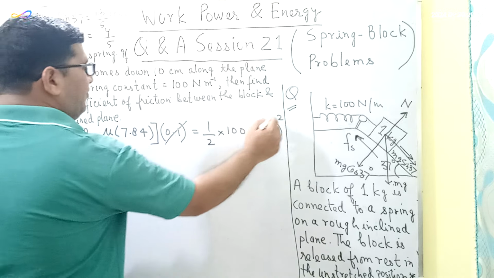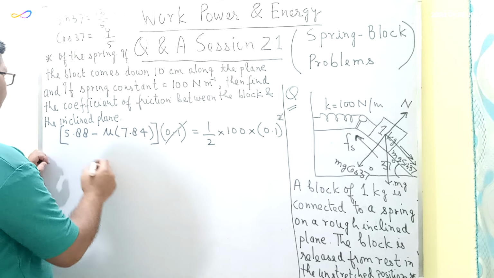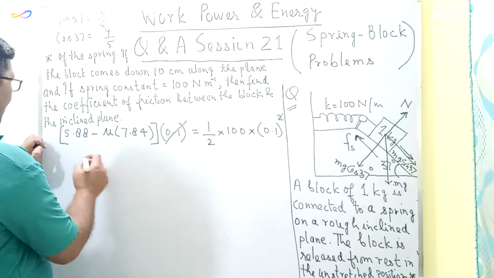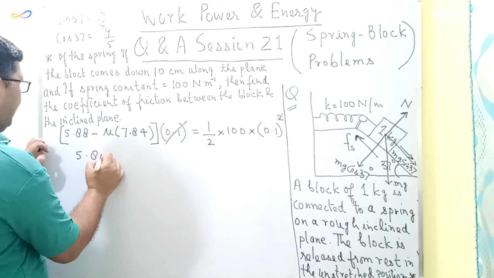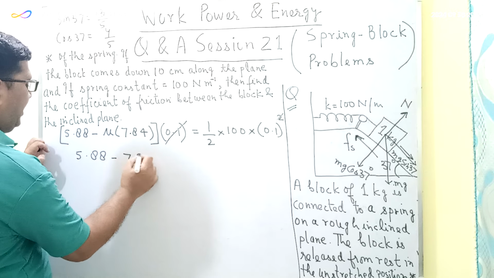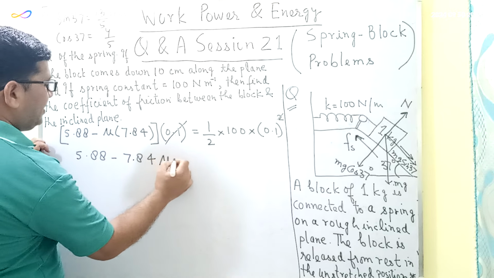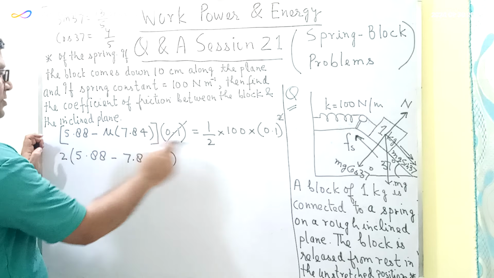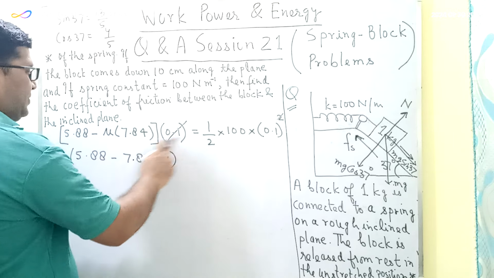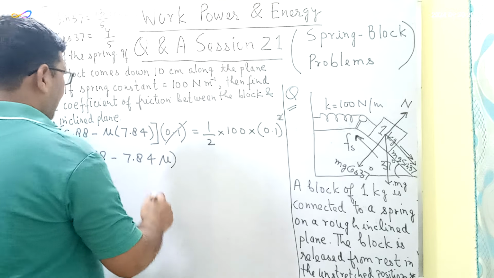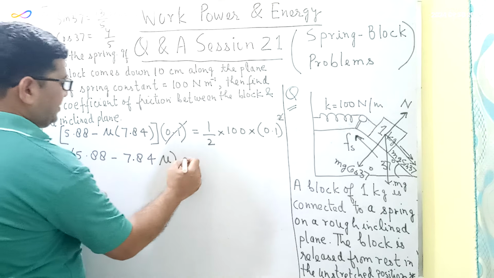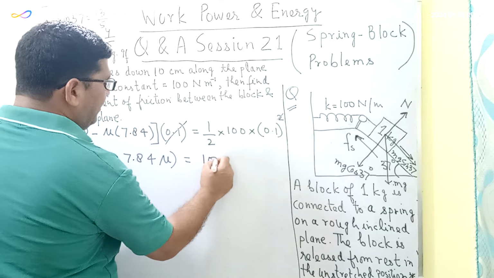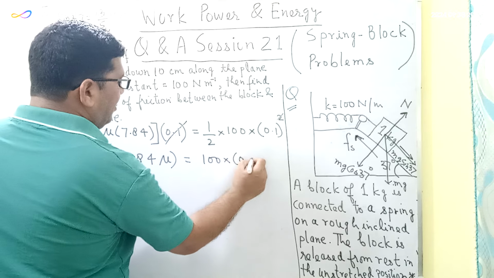So from here this 0.1 and 0.1 will get cancelled out, and from here now I am getting 5.88 minus 7.84 mu, multiplied by 2. This 2 I will be just cross multiplying on both the sides. So by cross multiplication, this is equal to 100 into 0.1.